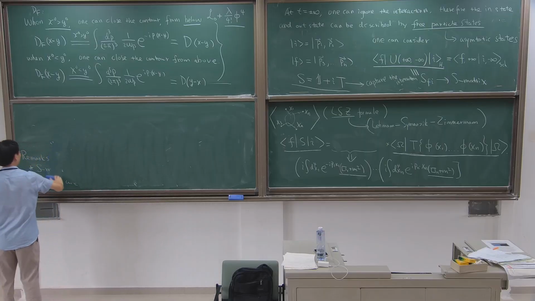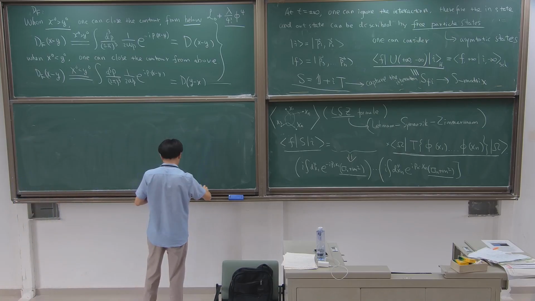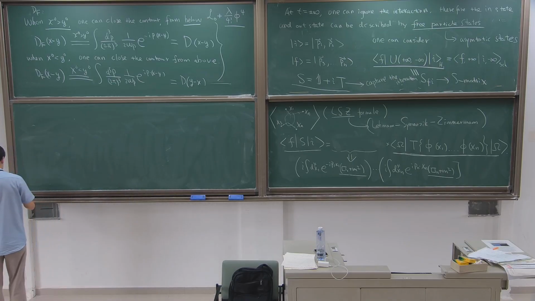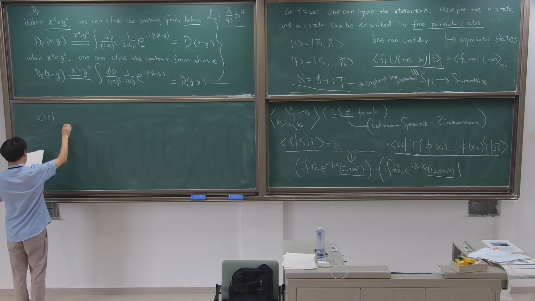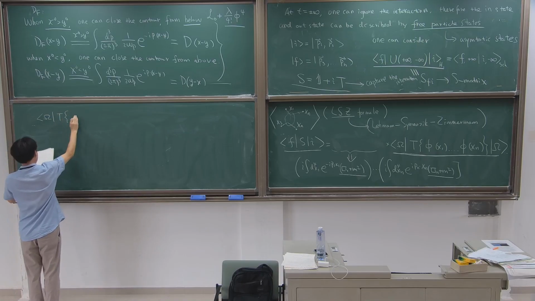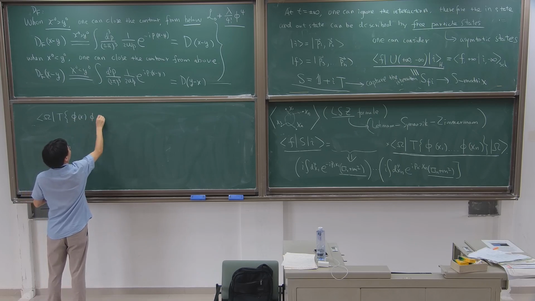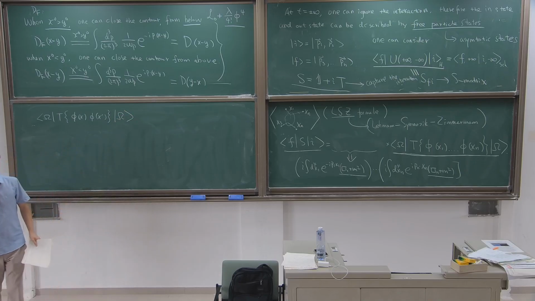What is the simplest object of this kind? The first thing we try to compute, the simplest one, will be a two-point function, with time ordering between x and x prime. The first goal is to handle how to do this, and then you know how to do anything, right?